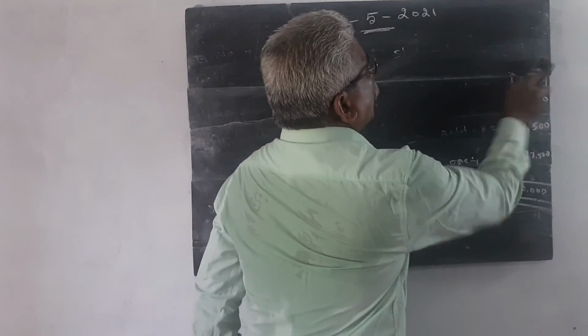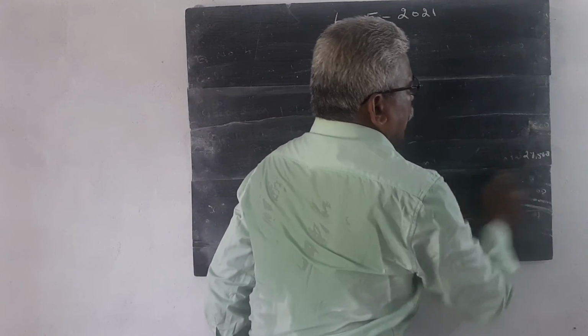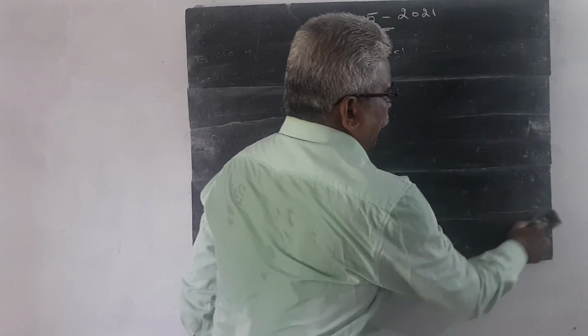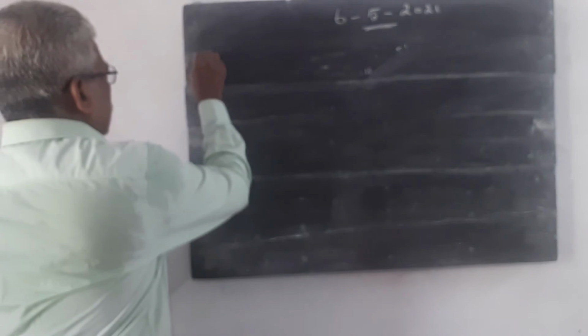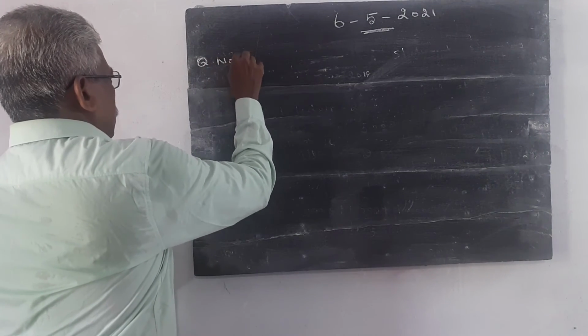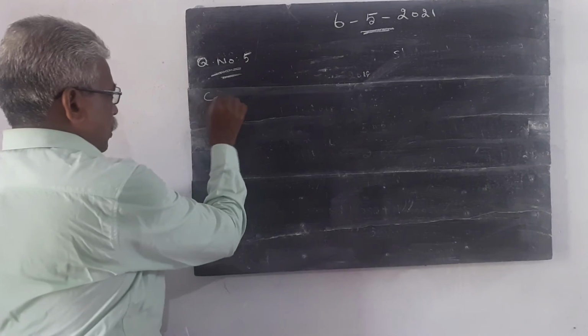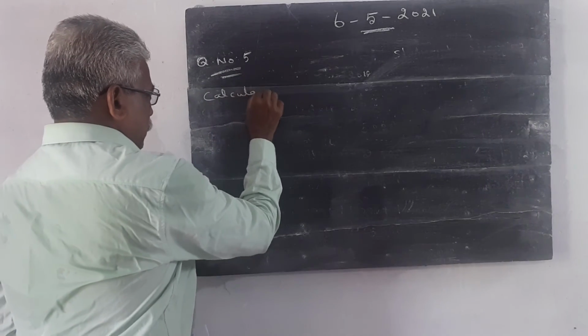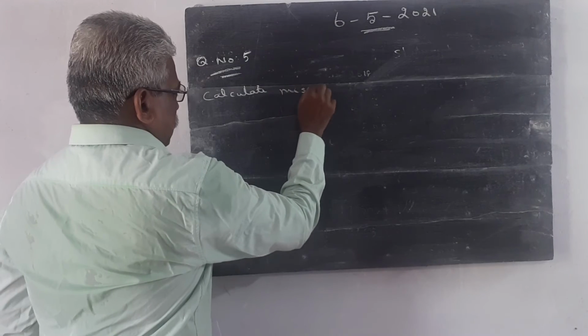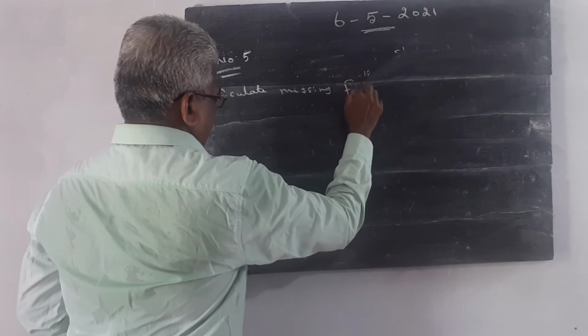Then I have one more question. In the textbook, I explained the first five illustrations. Then illustration number 5: calculate the missing figure. We have to calculate the missing figure.